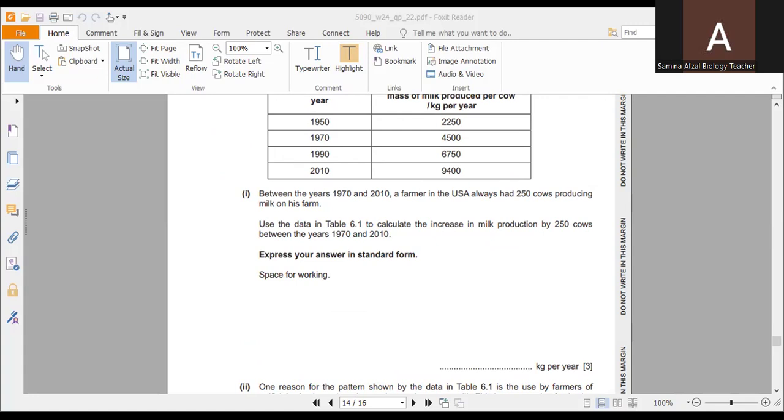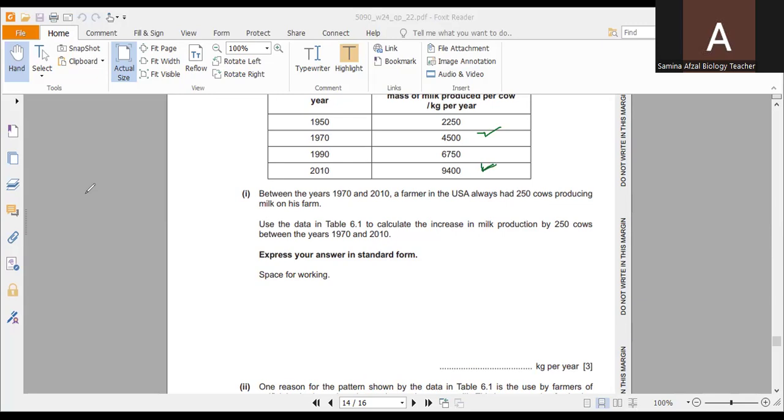So we have to find the correct answer between 1970 and 2010. In 1970, the milk production was 4500 kg per year, and in 2010 it increased to 9400 kilogram per year.